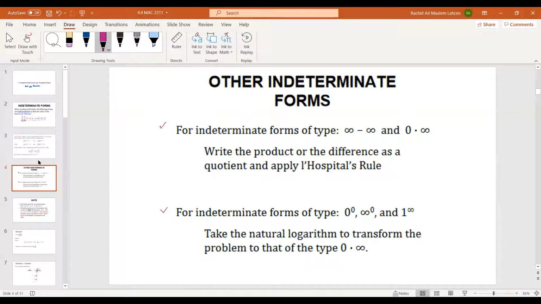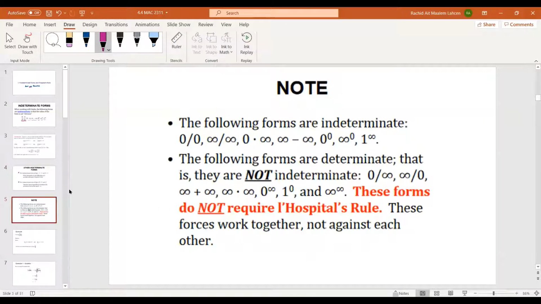So this concludes everything when it comes to L'Hopital rule, but of course it takes practice to get used to which one is indeterminate, which one is not, and what to use. And as a summary, these are indeterminate forms and we have the other forms that are not indeterminate, let's say 0 divided by infinity, and we'll talk about these in examples.